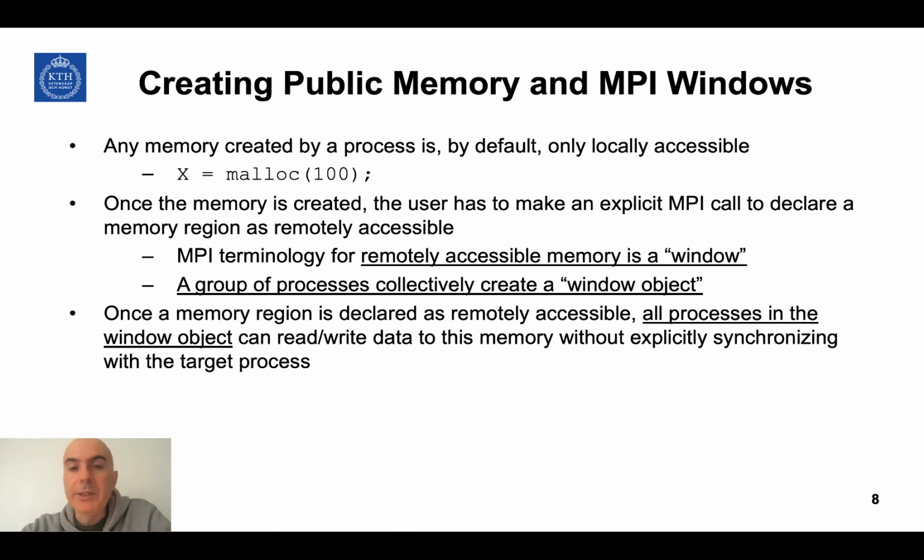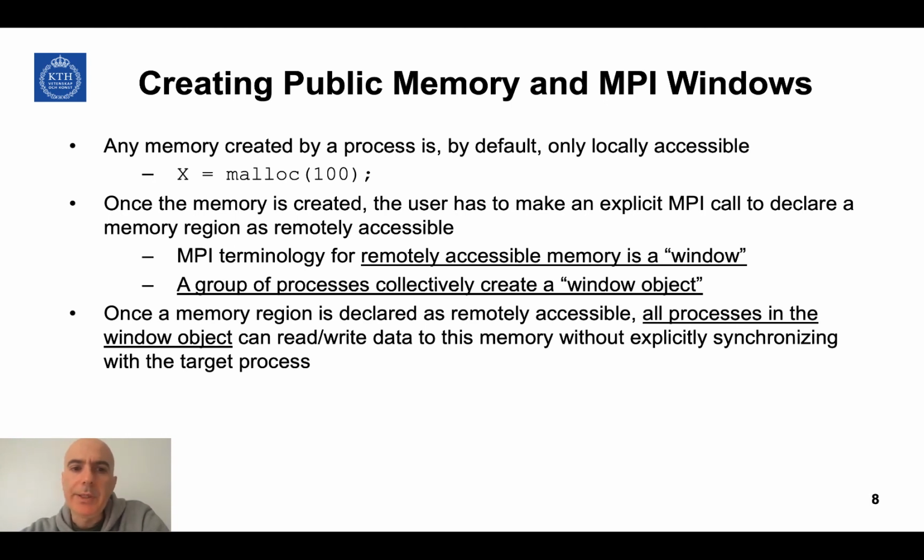So by default, all the mallocs and news created within the process are only accessible by that MPI process. For instance, in this case, we allocate an array x of size 100, and this x will be only accessible by that MPI process.